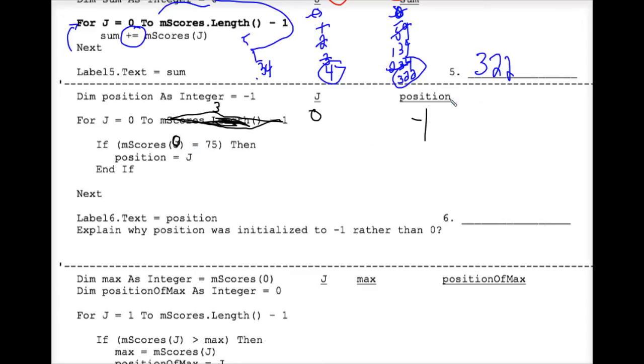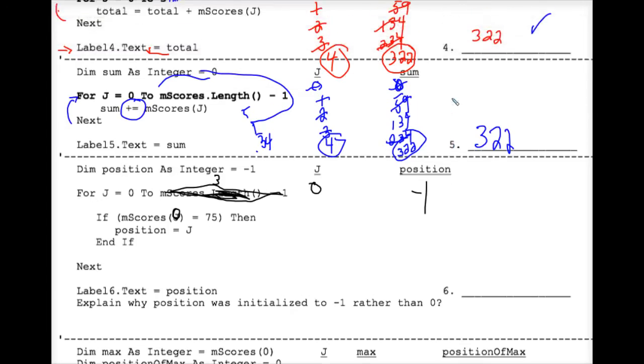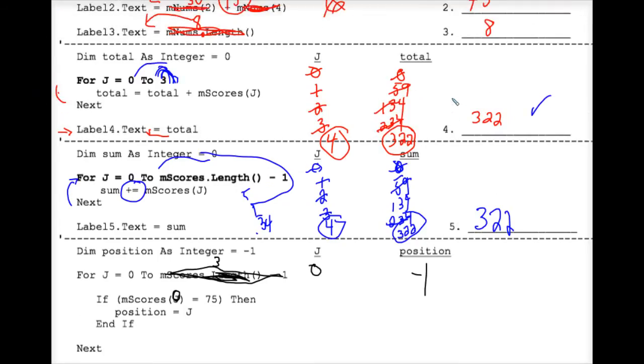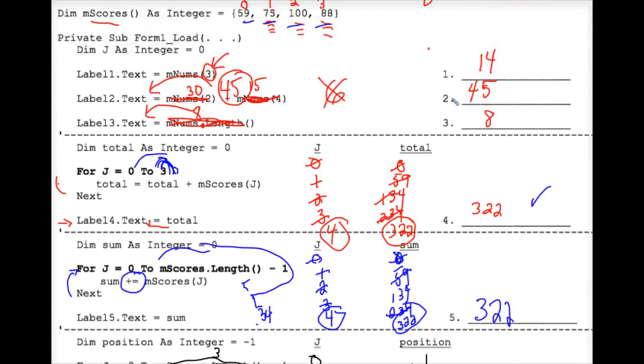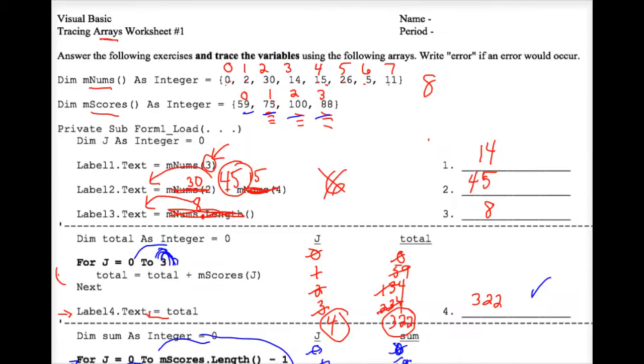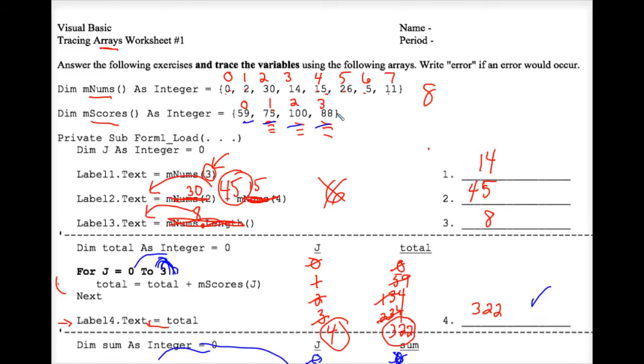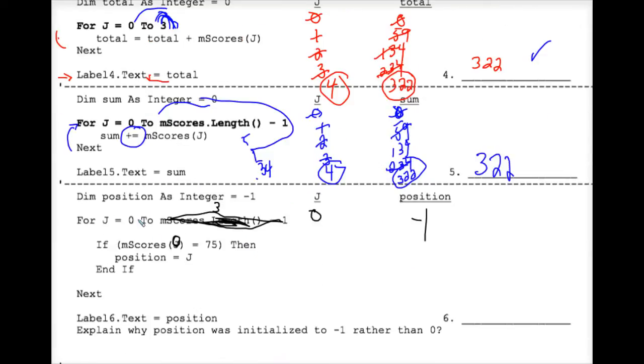Is the number found in M scores subscript position 0, is it a 75, true or false? M scores position 0 is not 75, so that's false. And because we have false, we don't do whatever's in the if statement, and we loop back up to the top. J bumps up to 1, and now we go through the loop again.